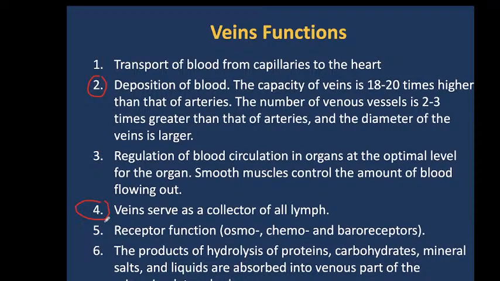Different receptors are located inside of veins: osmo-, chemo-, and baroreceptors, which help to regulate the blood circulation and the common blood pressure in arteries and veins as well.